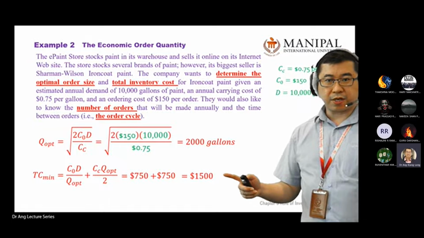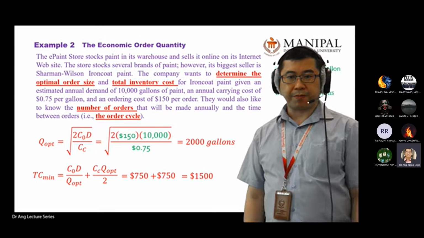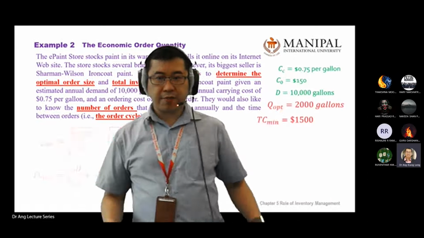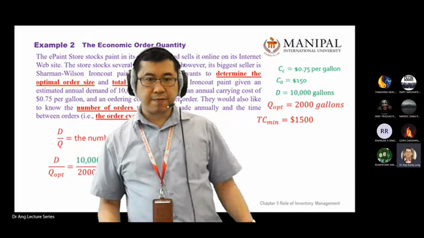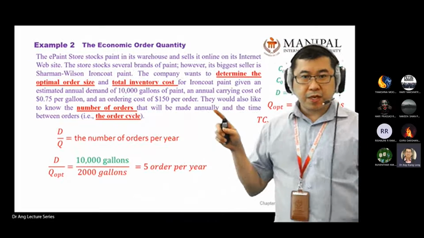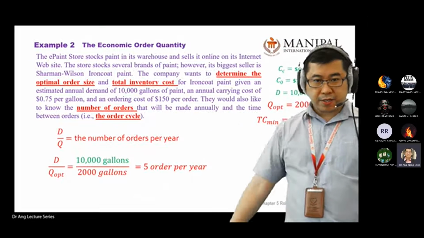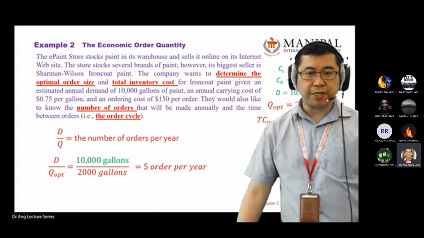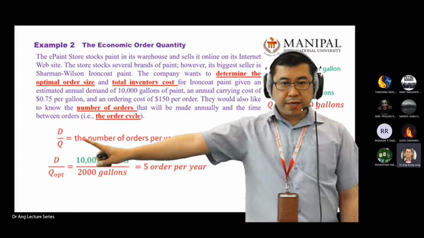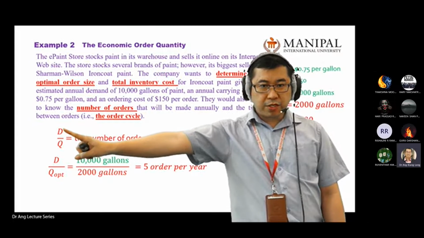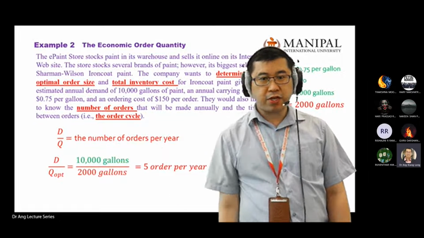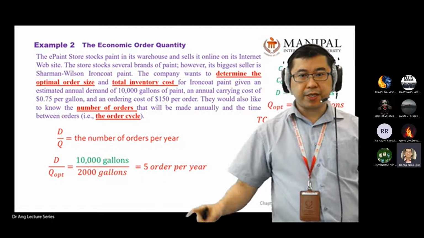This one is the optimum case. I put in the information over here. Then the number of orders per year. Maybe it's a bit small on the screen, but just now I mentioned there's D divided by Q. Demand divided by your Q is the number of orders per year.